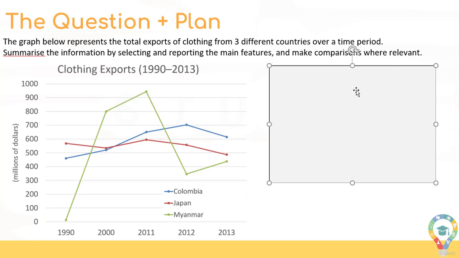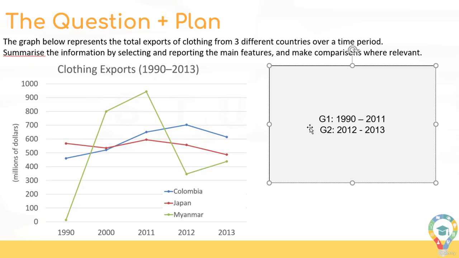So, let's go with group 1 as being 1990 to, let's say, 2000. So I will compare, in fact, 2011. And then for group 2, I'm going to go with 2012 to 2013.